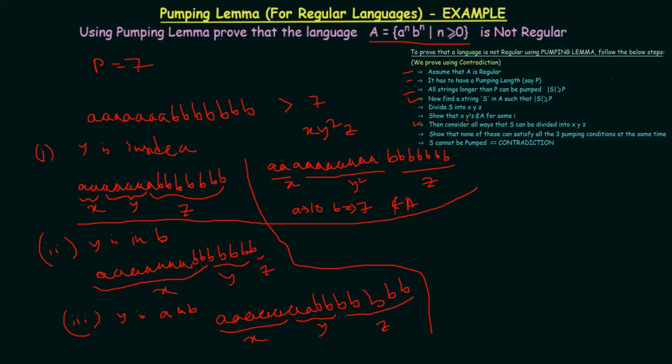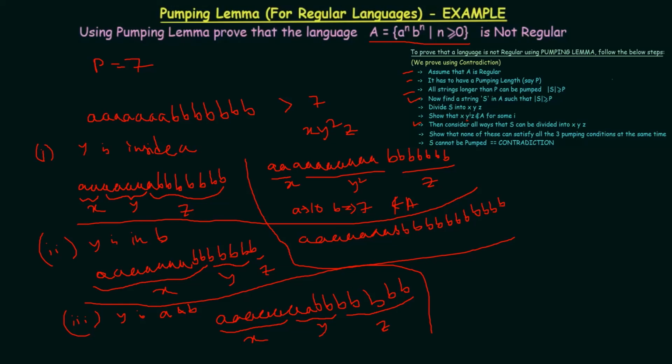Now for case number 2, this thing will be the same, a, but this thing will get doubled, and this thing will remain the same.